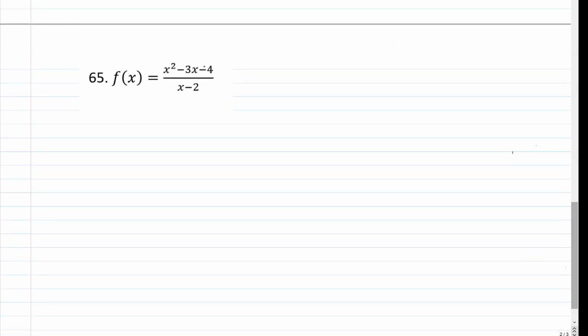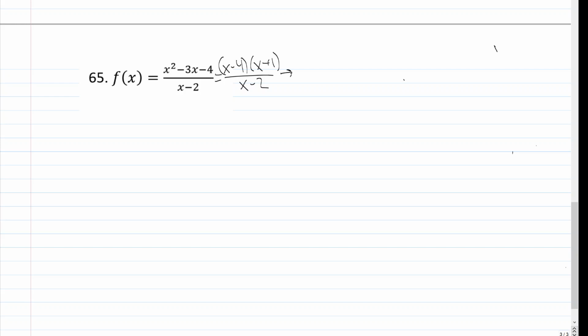So this is x squared minus 3x minus 4 over x minus 2. If I factor the top, what's that top factor? It's x minus 4 times x plus 1, over x minus 2. And we're like, dang, we can't really factor here to any sort of meaningful benefit, so we've got to use our boy the quotient rule.